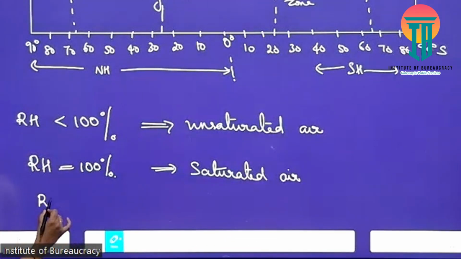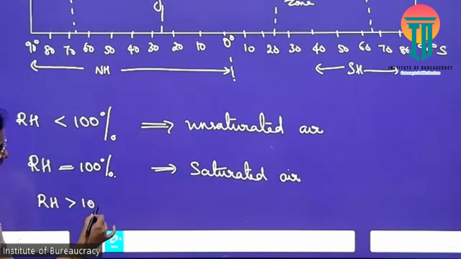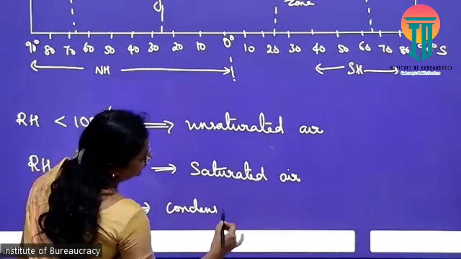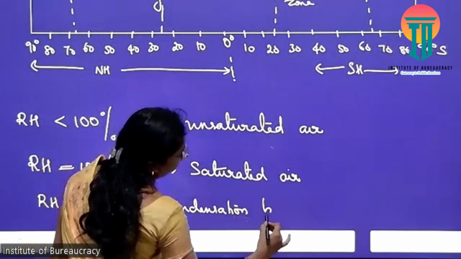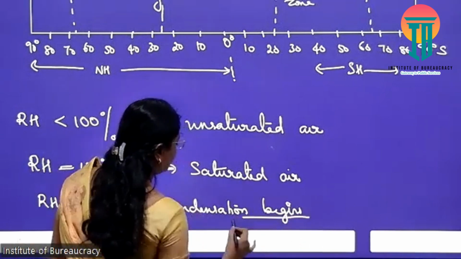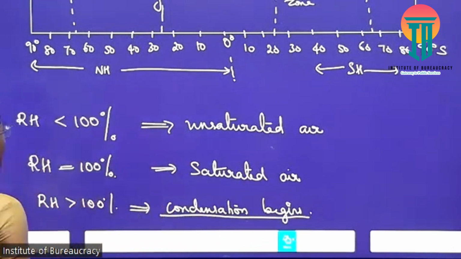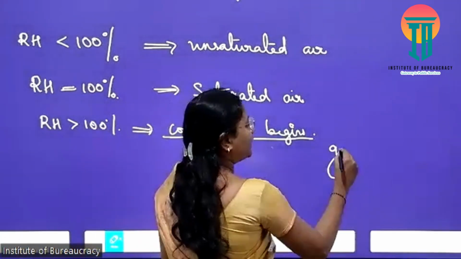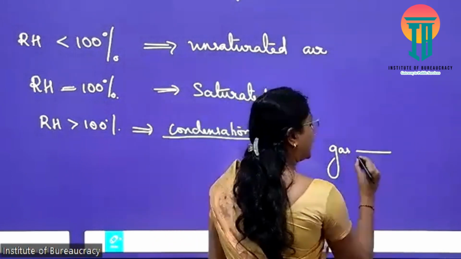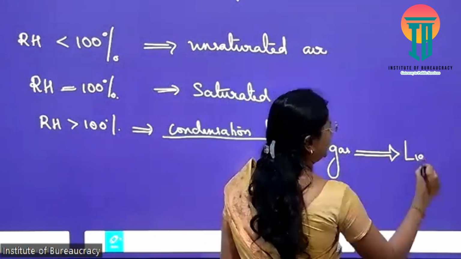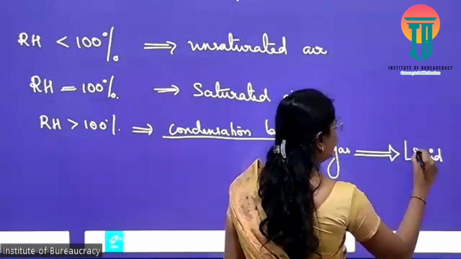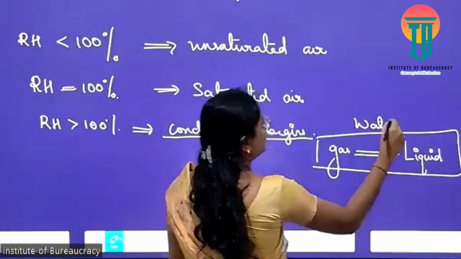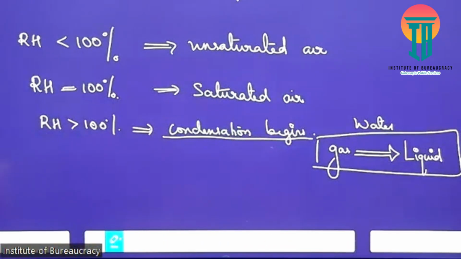And when relative humidity is greater than 100%, this is where condensation begins. Condensation means water vapor in a gaseous state is transformed into the liquid state, so water in the gaseous state is transferred into water in its liquid state.